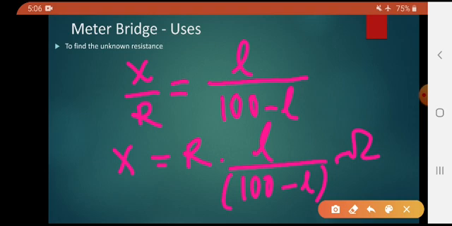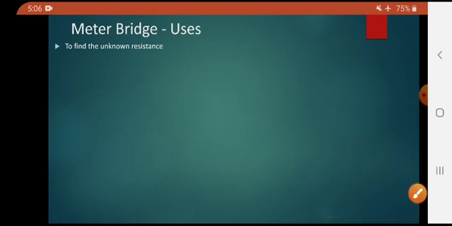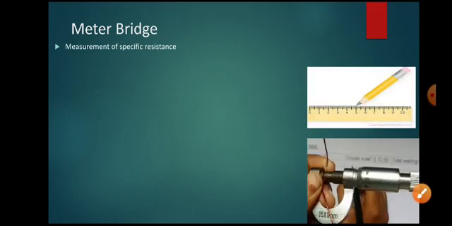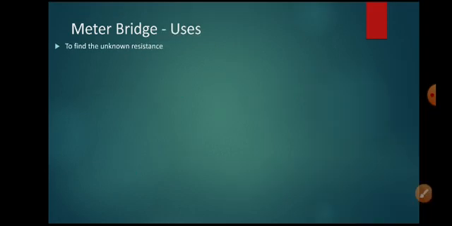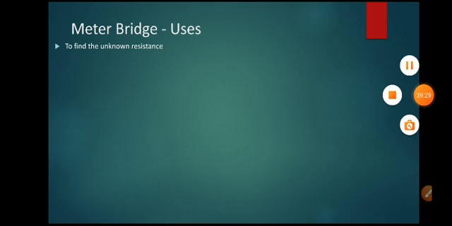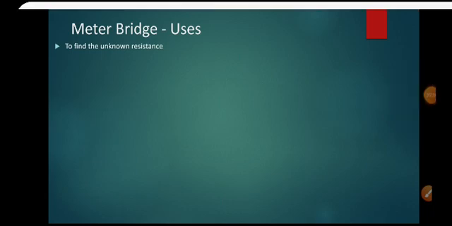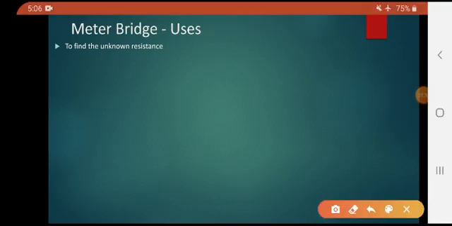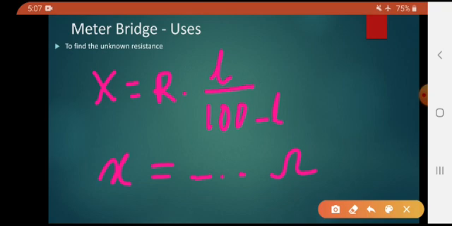This is the formula to find the unknown resistance by using the meter bridge. Now you got the X value, some ohms.